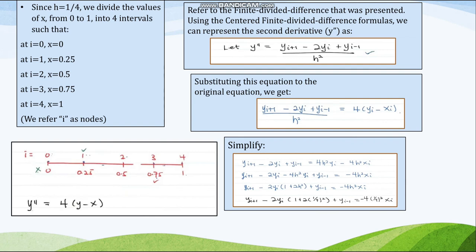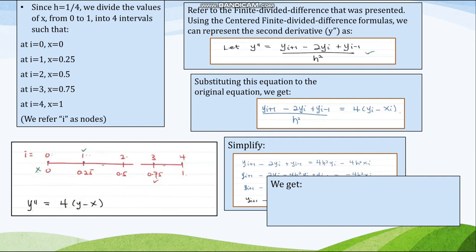And since we were already given that h is equal to 1/4, we substitute this value into this equation, and we get y sub i plus 1 minus 2y sub i multiplied by the quantity 1 plus 2 times 1/4 squared, plus y sub i minus 1 is equal to negative 4 times 1/4 squared x sub i.